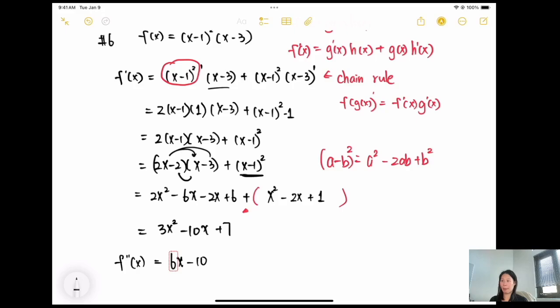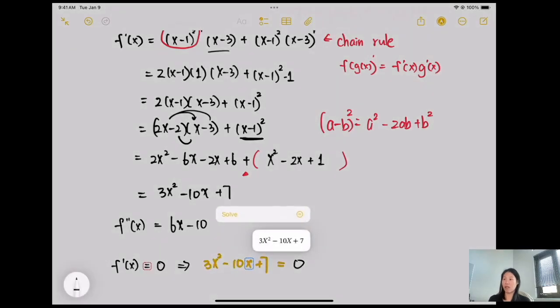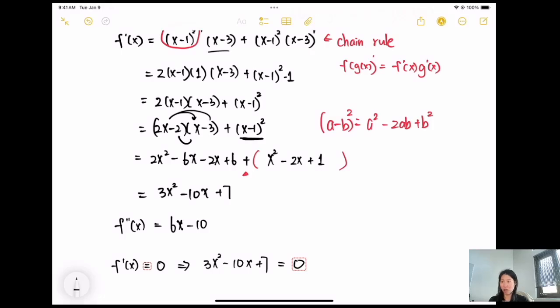All right. So now the next step is we need to find all the critical points and see where the critical points occur. That means I want to let the first derivative equal 0. In that case, I have 3x squared minus 10x plus 7 equals 0. To solve it, you can either try to factor it or use the quadratic formula.